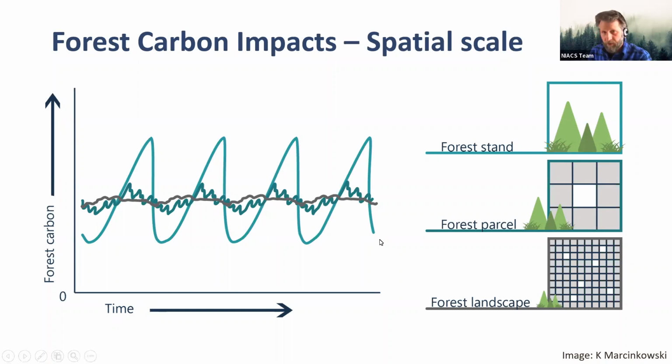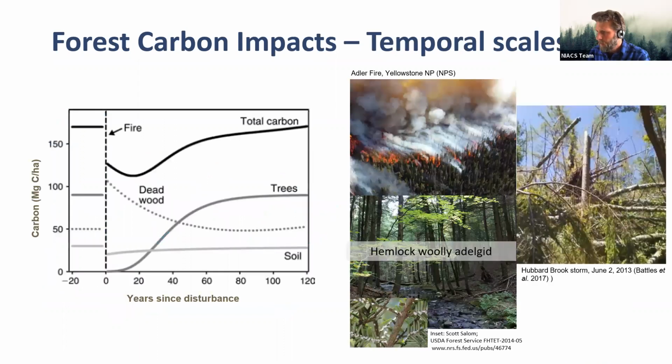So that's kind of putting the spatial scale of our management into perspective and what that means for carbon. Of course, the other and probably more complex aspect of carbon management is thinking temporally, right?